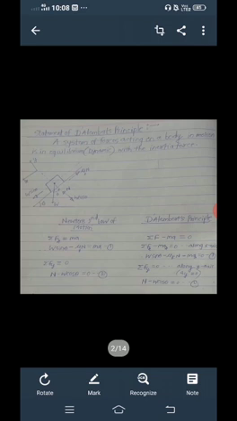It means D'Alembert's principle says that when a system of force acts on any body, then this body achieves a dynamic equilibrium with the help of this inertia force. Okay, so this is D'Alembert's principle, and let us quickly revise the difference between Newton's second law of motion and D'Alembert's principle.